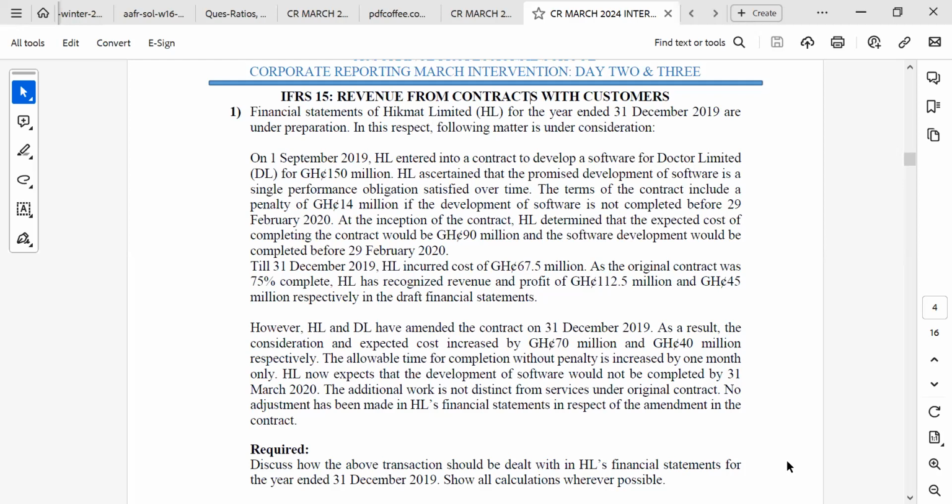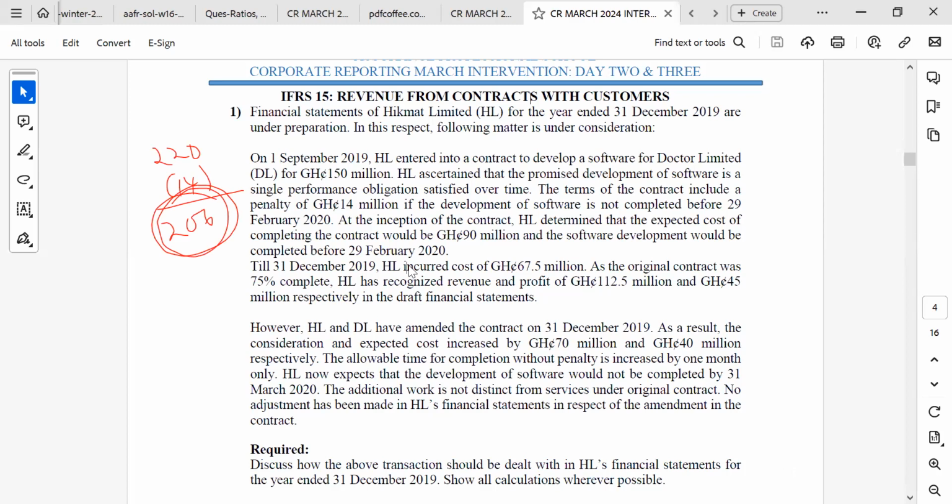So someone can say that the actual selling price for this particular item should have been 220 minus the 14, because we'll be paying a penalty of 14. Someone can assume like that. So the actual selling price will now be 206. Then the person will use the 206 for the contract price.